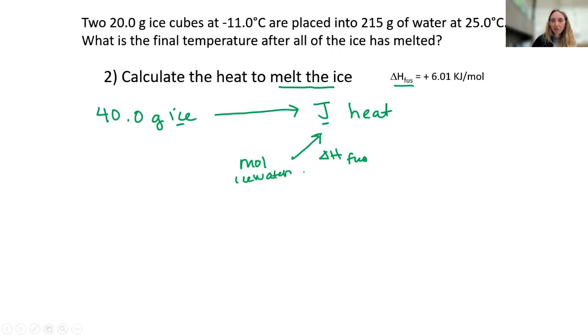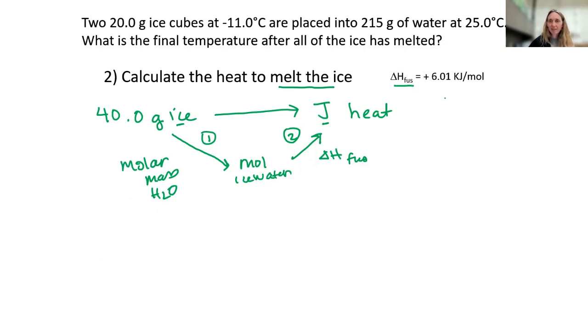So we're going to use that delta H of fusion. And then here we're going to go from grams to moles using the molar mass of water. Okay, so we've got a 1-2 step stoichiometry problem.